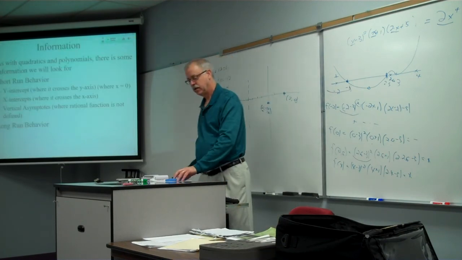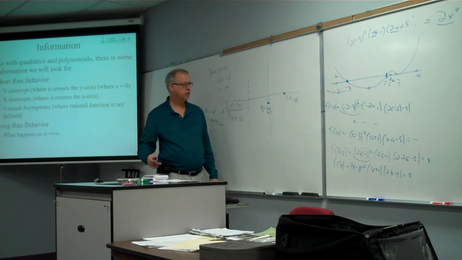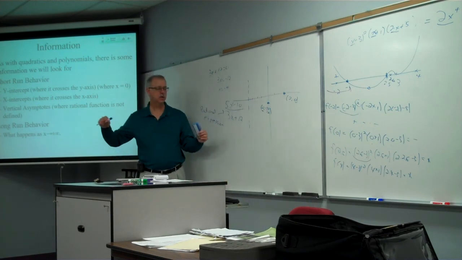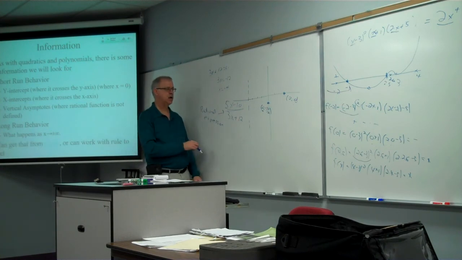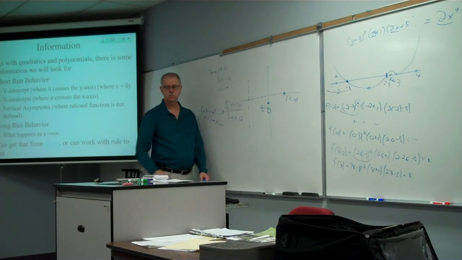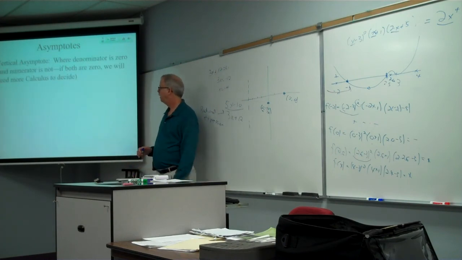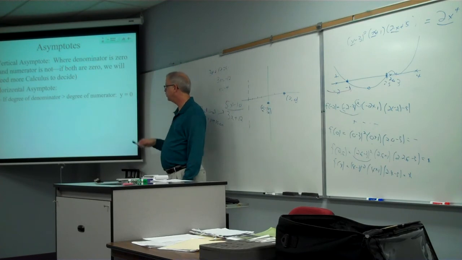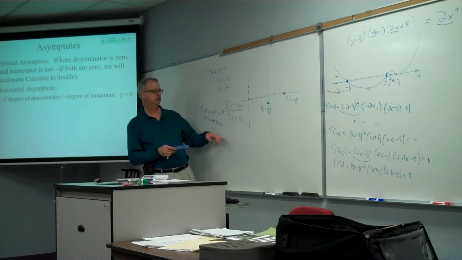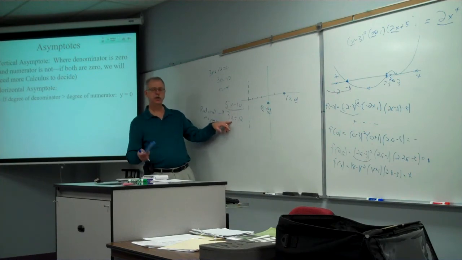For rationals, the long-run behavior is, well, what happens as x gets really, really big? And for that, we look at the leading terms from the numerator and denominator. If the degree of the numerator is bigger than the degree of the denominator, say this were an x squared and that's an x, the function would go to 0.